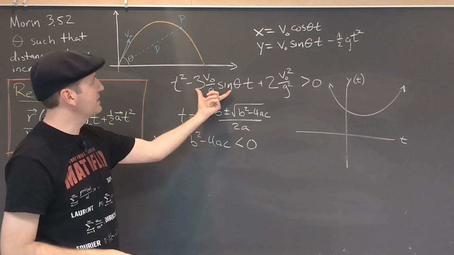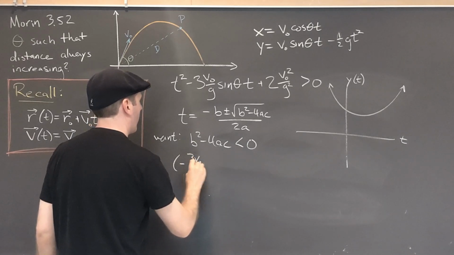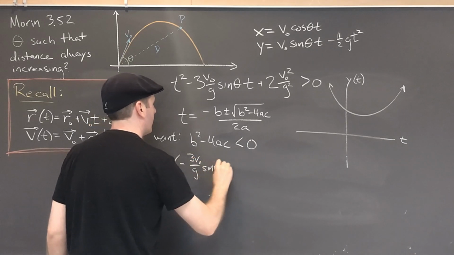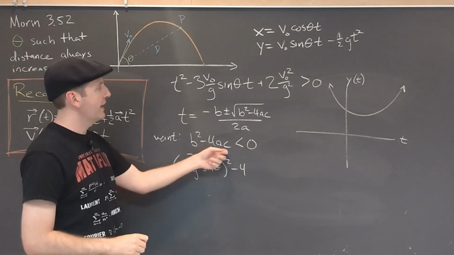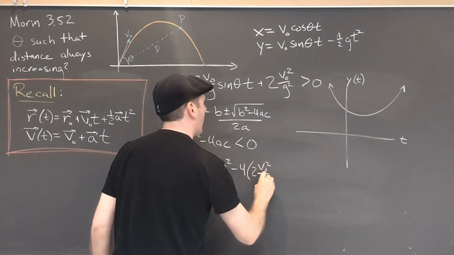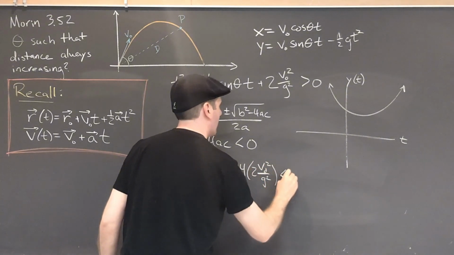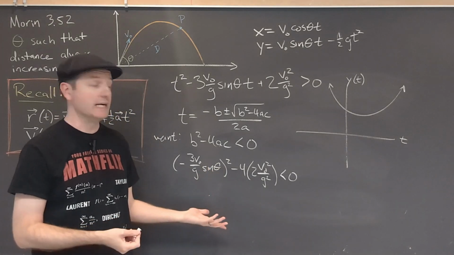Well, the b value is this bit in front of the t. Our a value is just the number 1, and our c value is this constant term. And this gives us an inequality that we want to solve for theta.